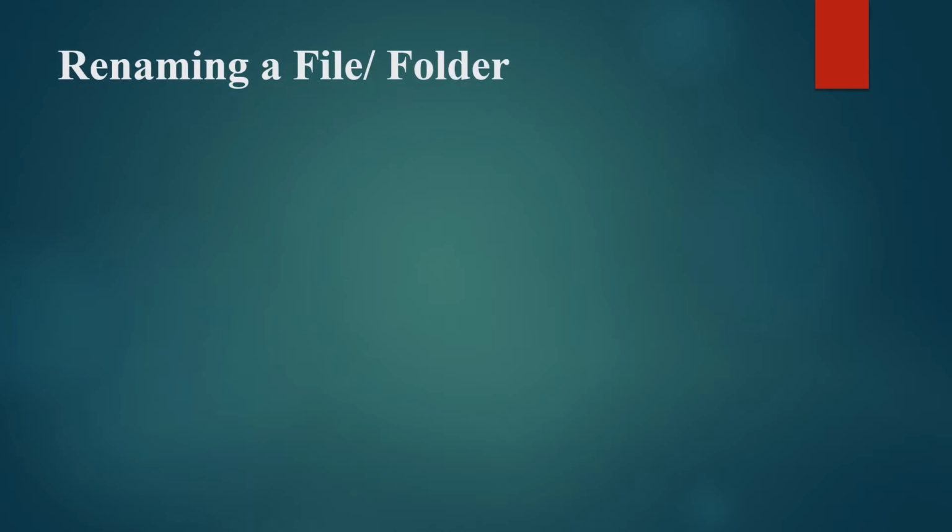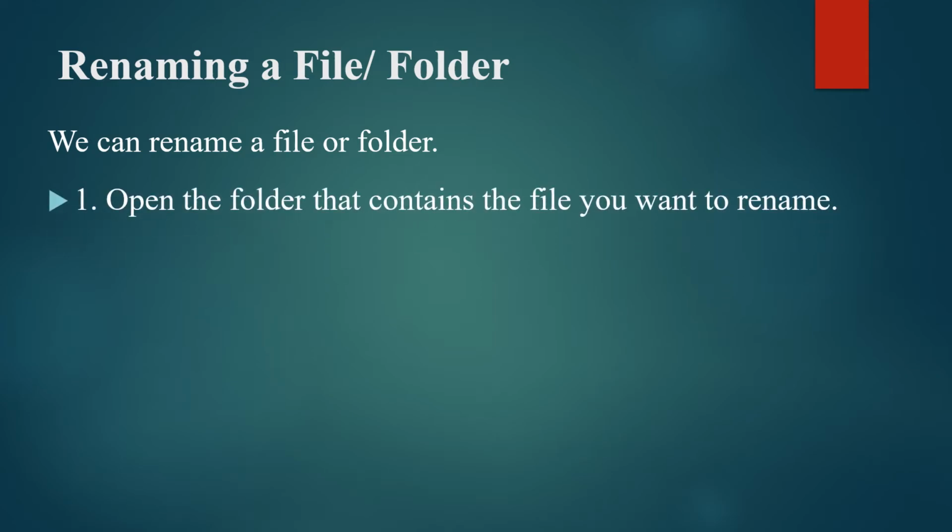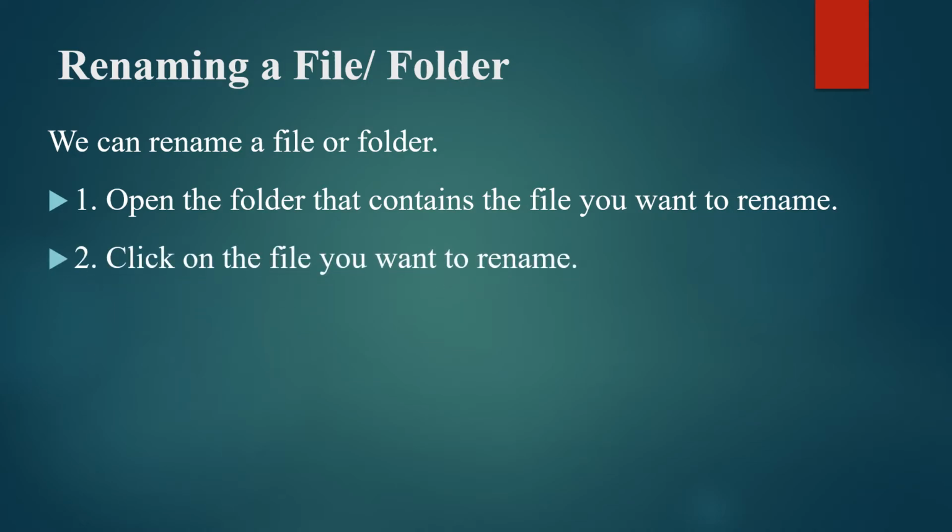Now let us learn how we can rename a file and folder. What are the steps? Open the folder that contains the file you want to rename. Click on the file you want to rename.